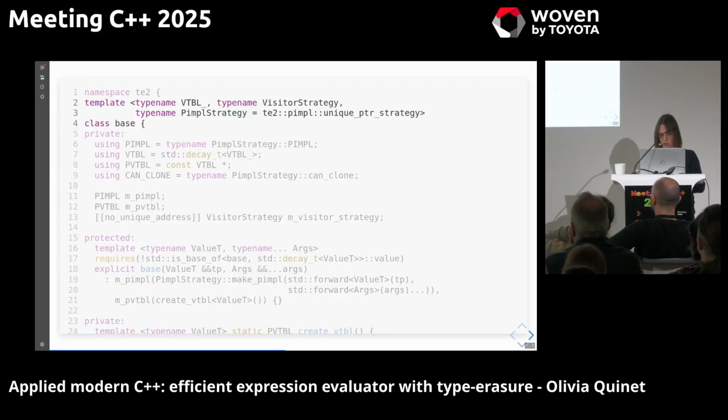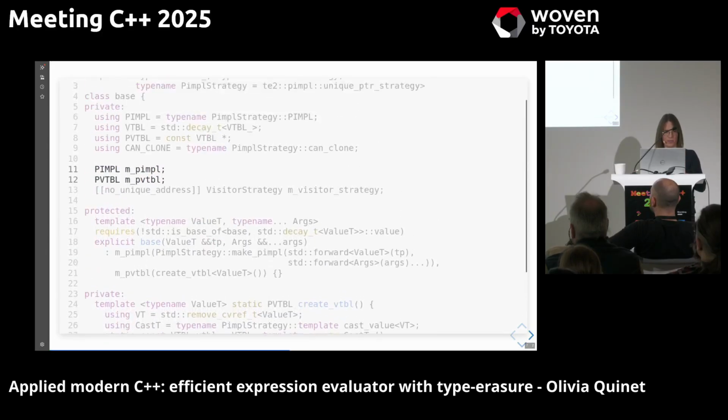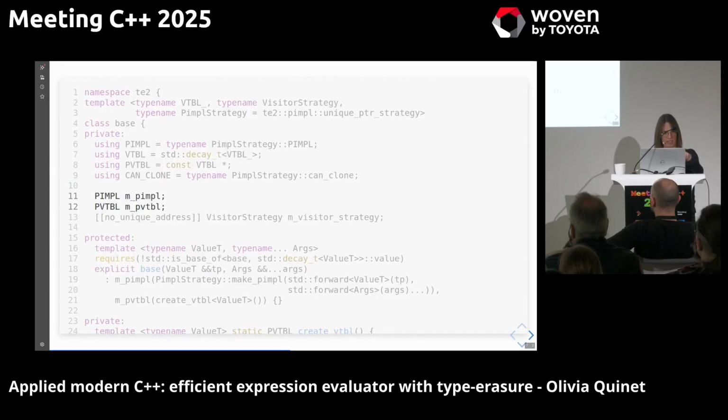The visitor strategy, we are not going to speak about it today, but the pimpl strategy, we are going to use it and change it. The base class has, again, two members, a pointer to the implementation and a pointer to the vtable.